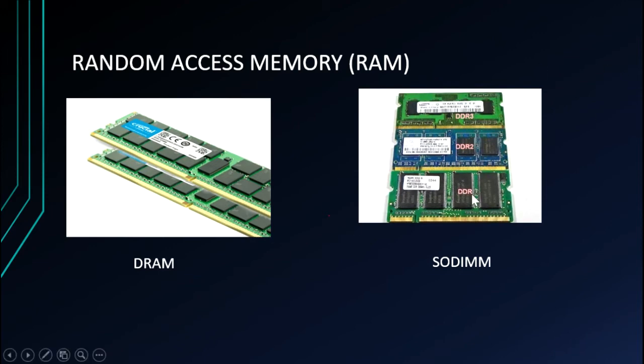As we can see here in the picture, we have DDR1, DDR2, DDR3. So those are the versions of our memory. In the older version, they are using DDR2, DDR3 panaog.